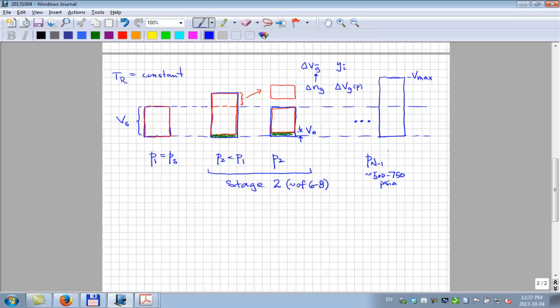And when we reach that, this is actually a little bit over here. And now we're trying to get down to 1 atmosphere. We're trying to get there, but we can't get there by just expanding the volume.